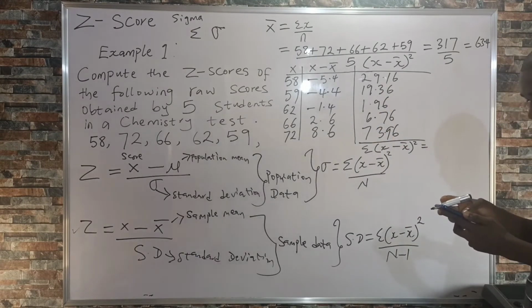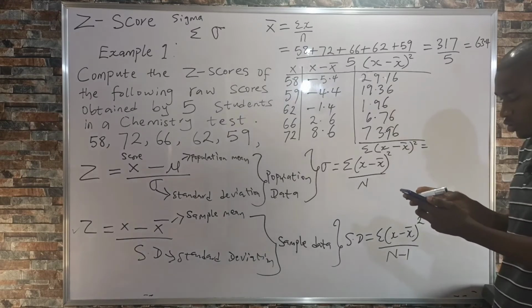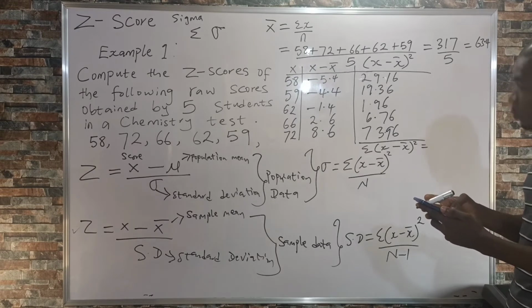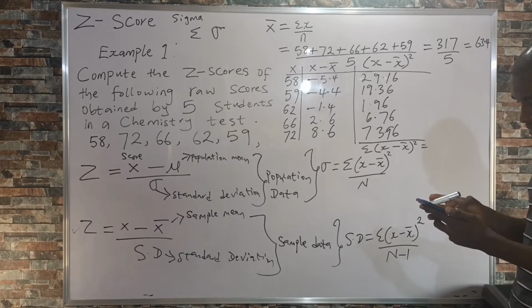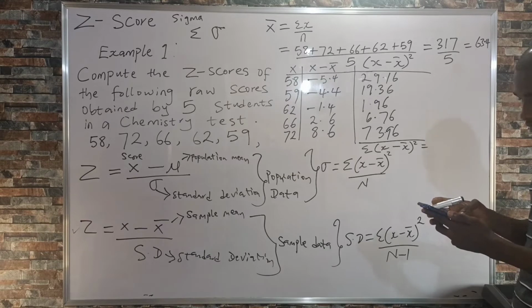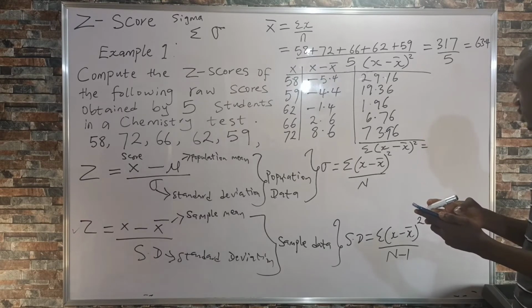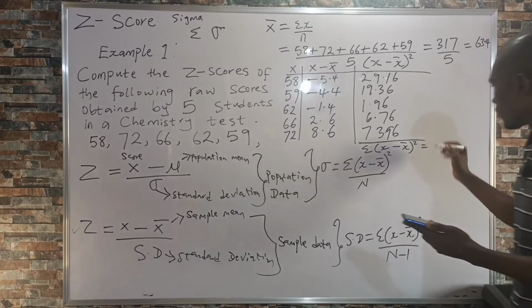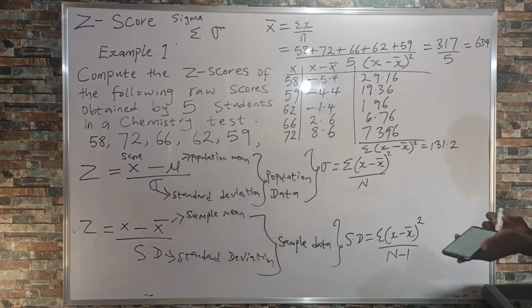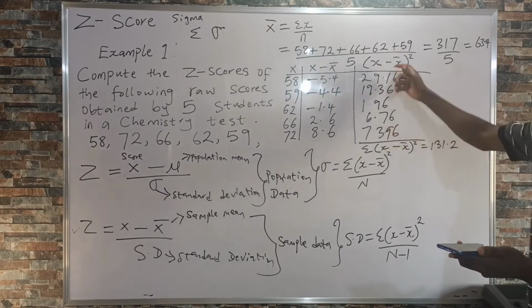Summing them together, let's begin: 29.16 plus 19.36 plus 1.96 plus 6.76 plus 73.96, and that will give us a total of 131.2. So that is our summation.